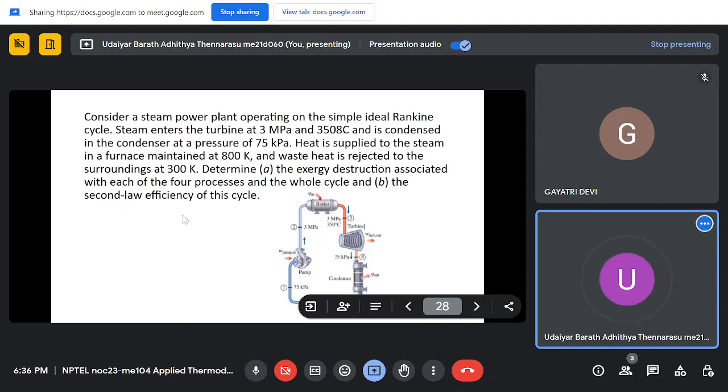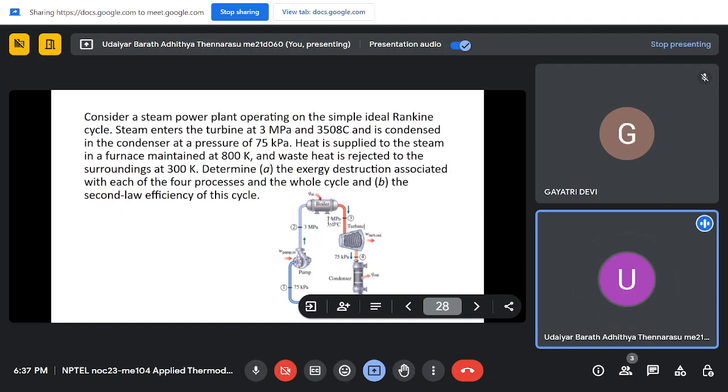So we'll see some numericals on this. We have a steam power plant operating on a simple ideal Rankine cycle. The steam power plant is shown below. You have all 4 components listed, and the steam enters the turbine at 3 megapascal and 350 degrees Celsius, as shown in the figure.